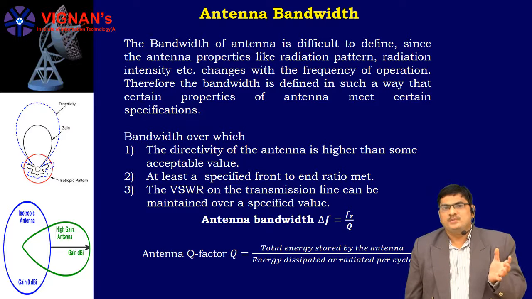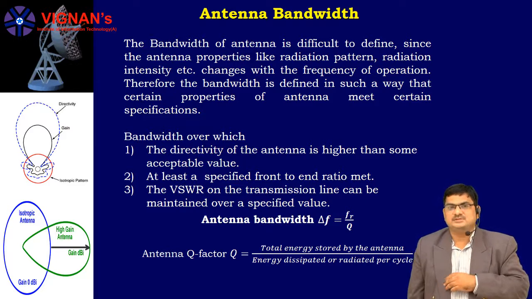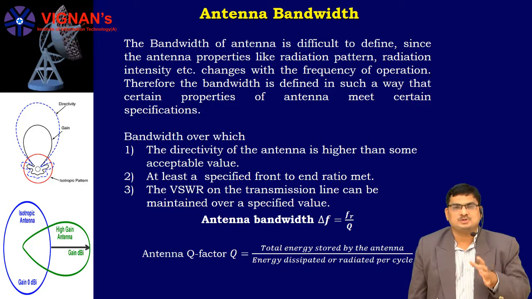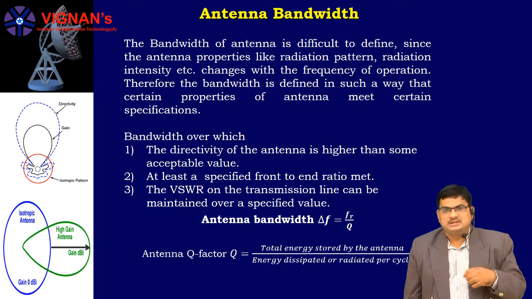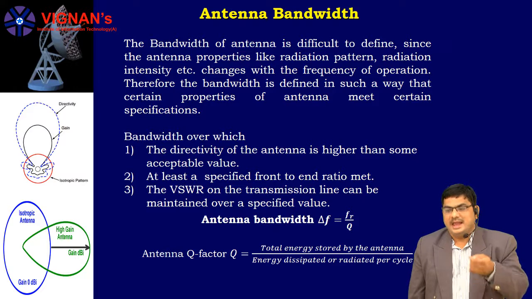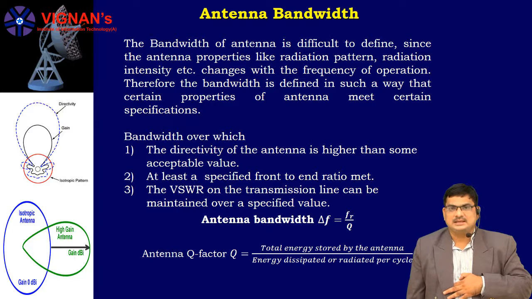And from the bandwidth we can observe that bandwidth delta F equals FR by Q. So antenna bandwidth is always inversely proportional to the quality factor Q. This quality factor can be defined as 2 pi times the total energy stored by your antenna to the energy dissipated or radiated per cycle.